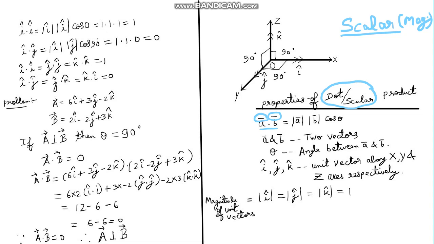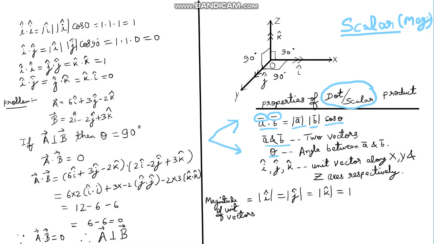So here there are two vector quantities A and B. If I want to find the dot product or scalar product, that means I want only magnitude. The basic formula for the dot product of two vectors is magnitude of A, magnitude of B and cos theta, where theta is the angle between the two vectors.